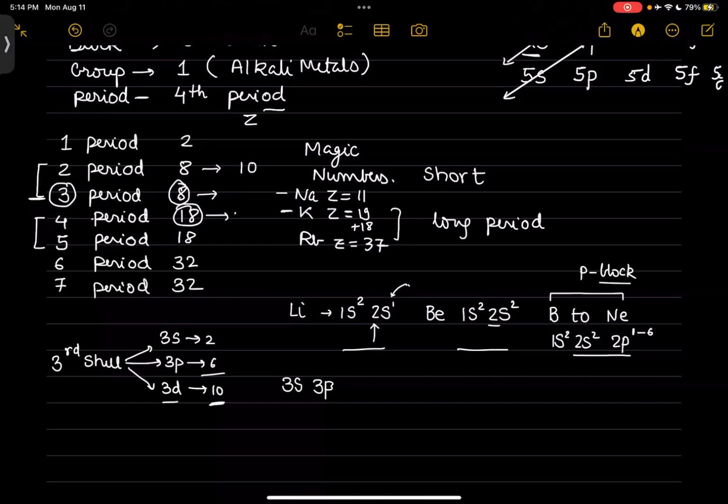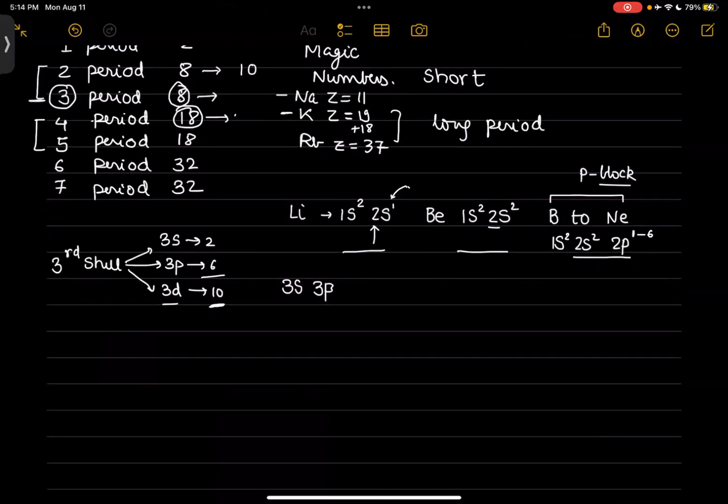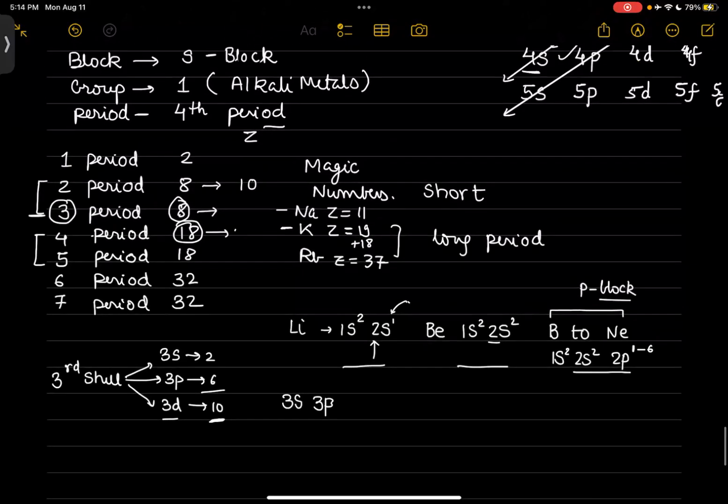Why are they considered to be long periods? What's the reason?